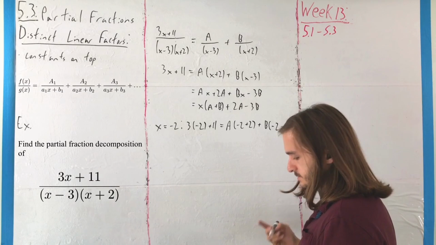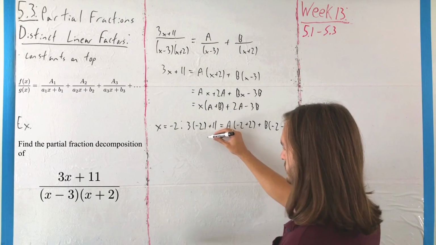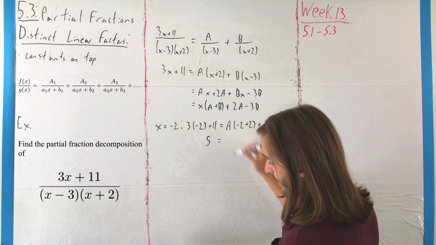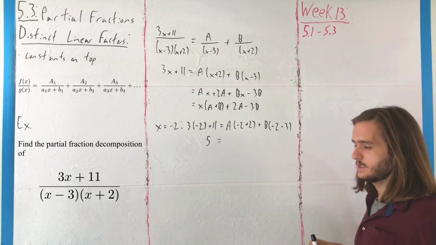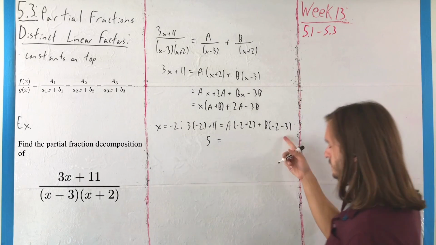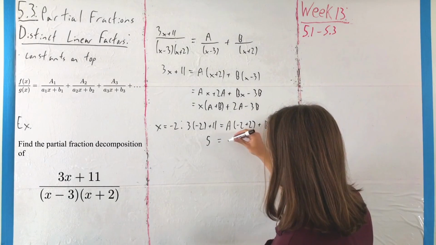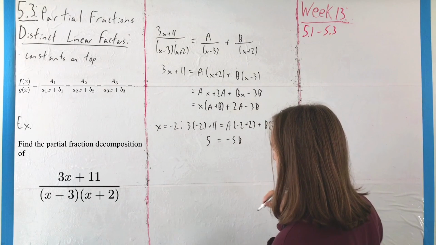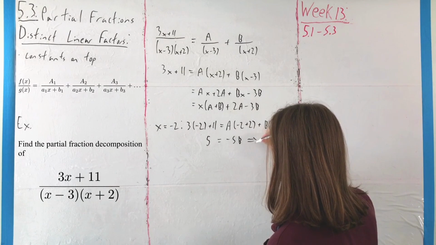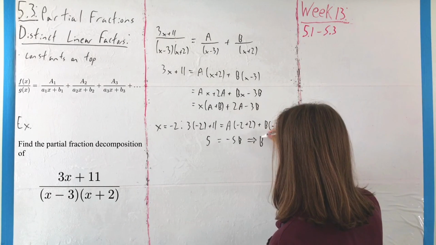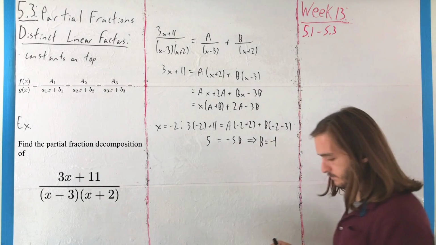And over here, it doesn't look very nice, but it does turn out to be a single value, 5. Here, that's a times 0, so that's 0. And over here, that ends up being -5b, so you'd get that b is equal to -1.